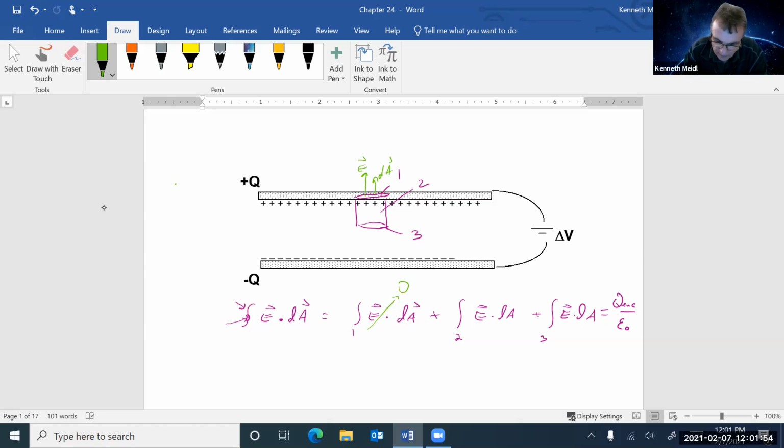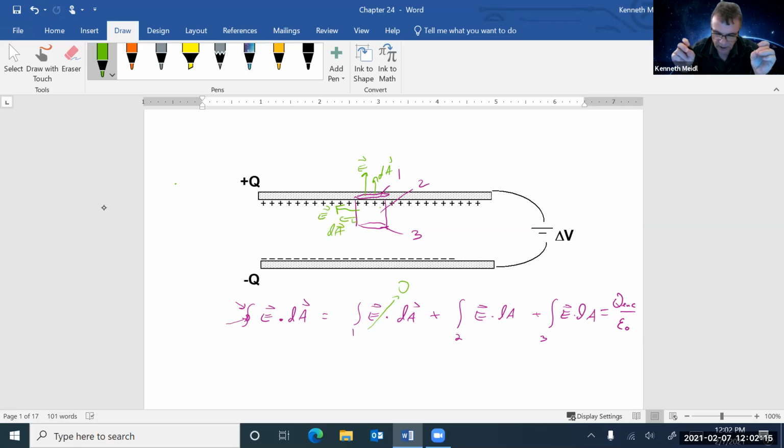And area 2, if there was any sort of vector coming out of area 2, say if there was an E field doing something like that, and maybe the area vector looks something like that, has to be at right angles.